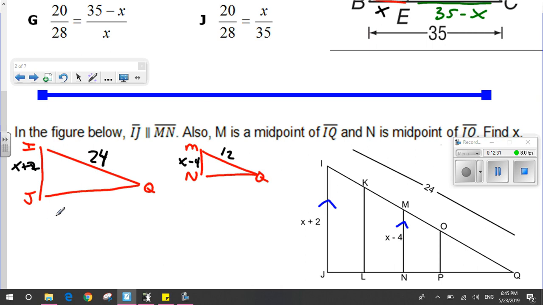So the proportion I would use in this case is IJ is to MN as IQ is to MQ. And then it would be 24. Sorry, not 24. I'm going to go in order.